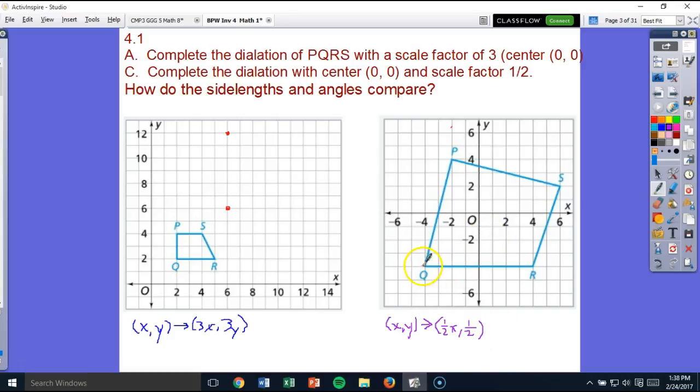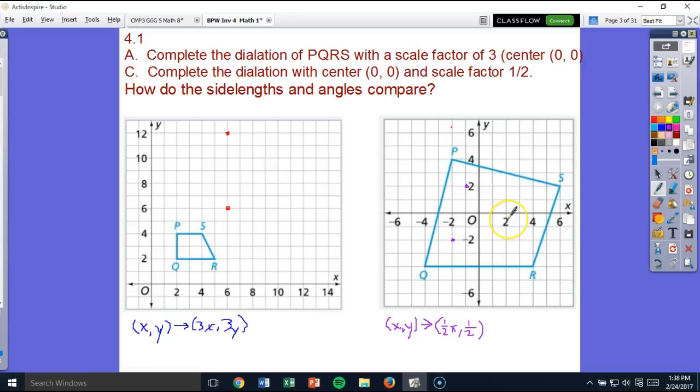So if we have point O, which is at (-4, -4), 1/2 of that is going to be (-2, -2). So we would put that there. Point P is at (-2, 4), so we would be at (-1, 2). And each of those is half of the prior one.